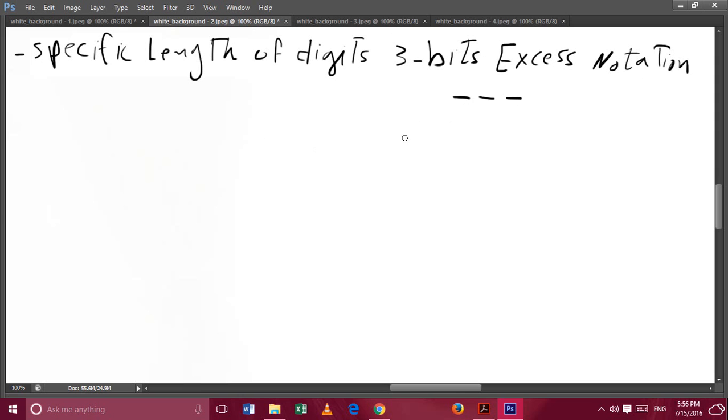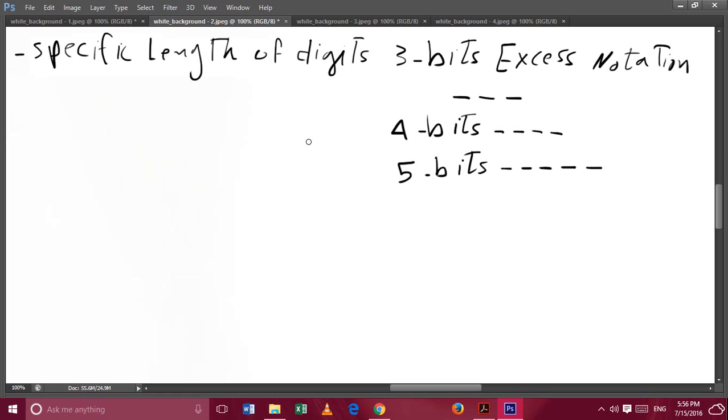Or we can have a 4 bits excess notation, or a 5 bits excess notation. So in each specific excess notation you have to fix the length of the binary codes. It has to be 3 digits, or 4 digits in the 4 bits, or 5 digits in the 5 bits excess notation.